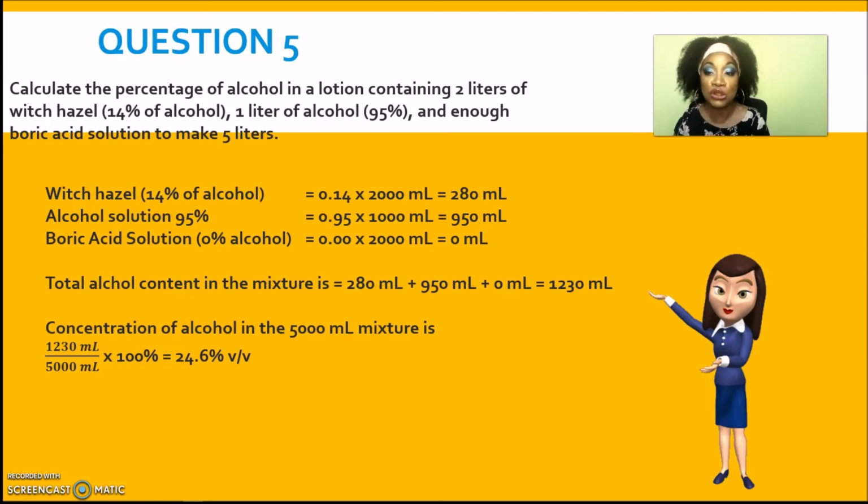Alright, so just to recap, alligation medial is going to allow you to determine what the final concentration of a particular ingredient will be when you're mixing different mixtures together of varying concentration of that ingredient.